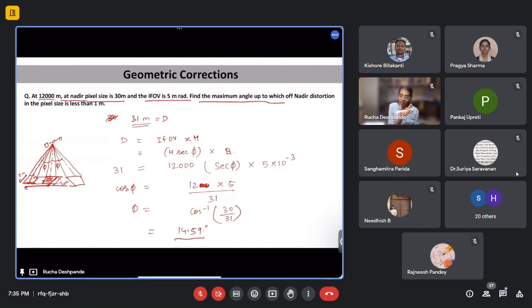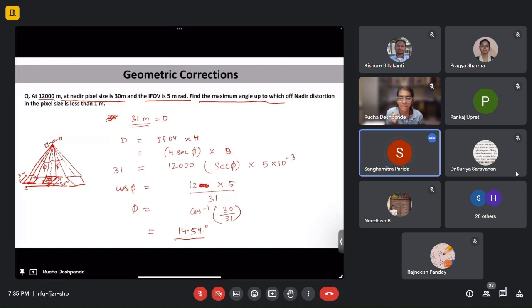So it's less than that, I mean angle less than that. At nadir pixel size is given 30 meter, but here off nadir you have taken d equal to 31 meter.